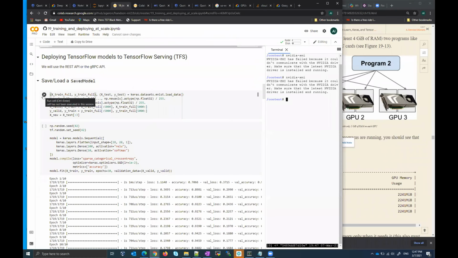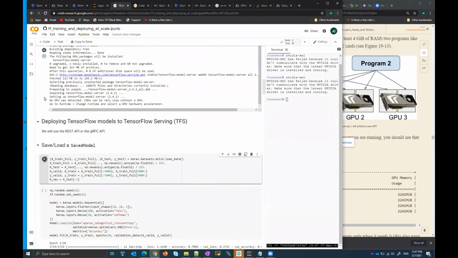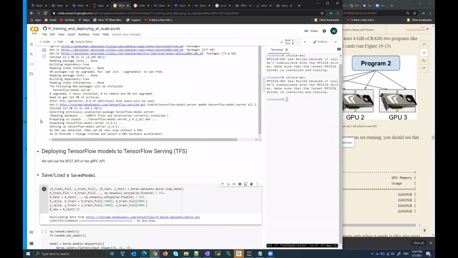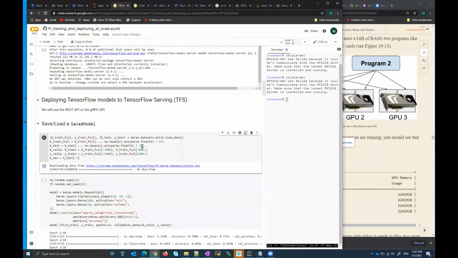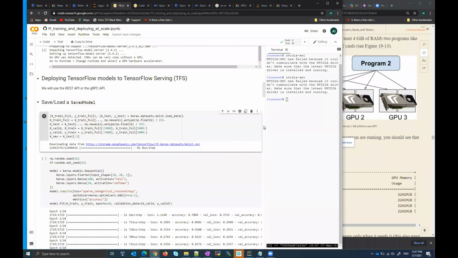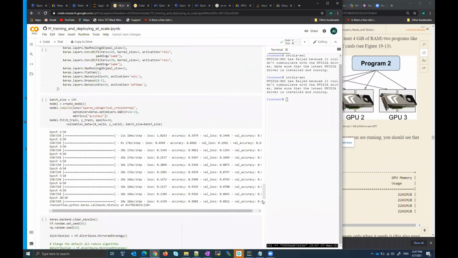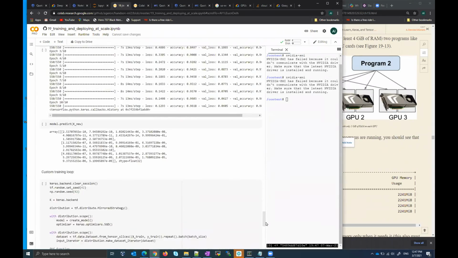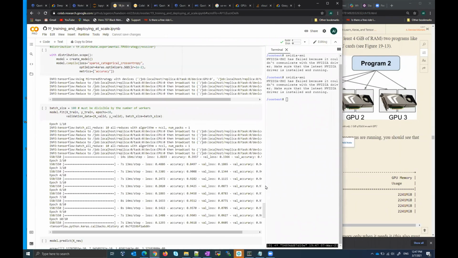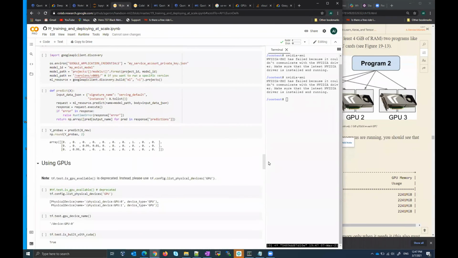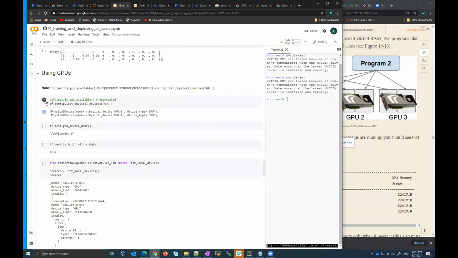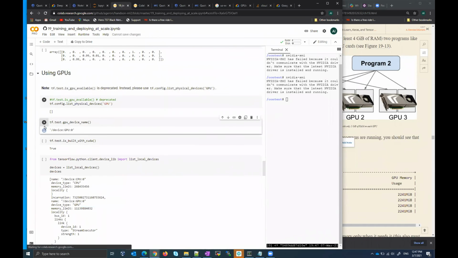Okay, extra is there. GPU. Okay. It's not.